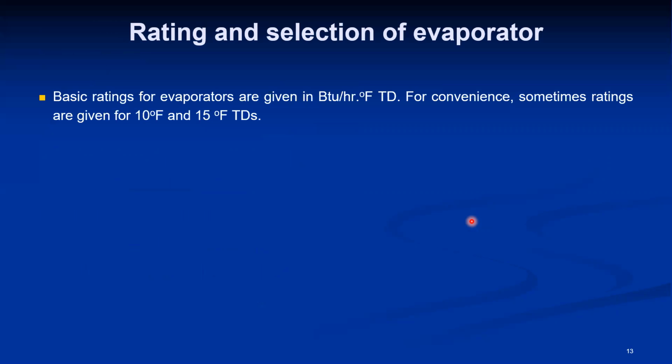The basic ratings, the information required while selection of evaporator, because for most of the evaporators the catalogs are still in British thermal units, and not in SI units. SI units are generally only for education purposes, but most of the commercial catalogs are not available in SI units.